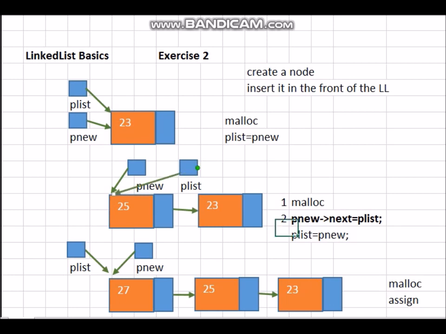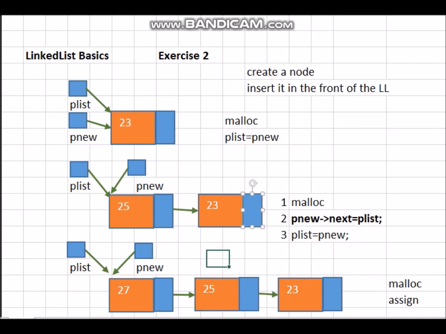And that is why the code in the third position, plist is equal to pnew. So essentially we have made the pointer of the plist point to the first node and not the second node. The plist will point to 25 and 25's next will point to 23 and 23's next is null.